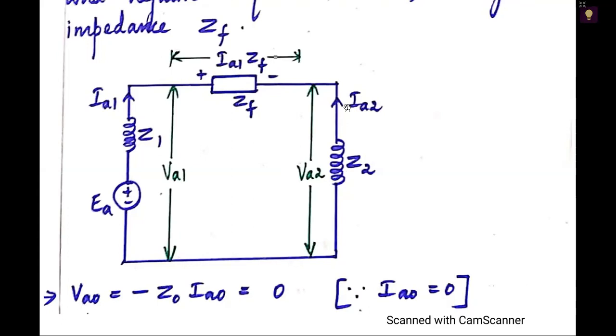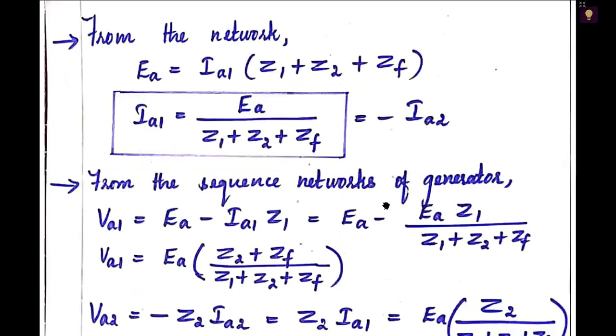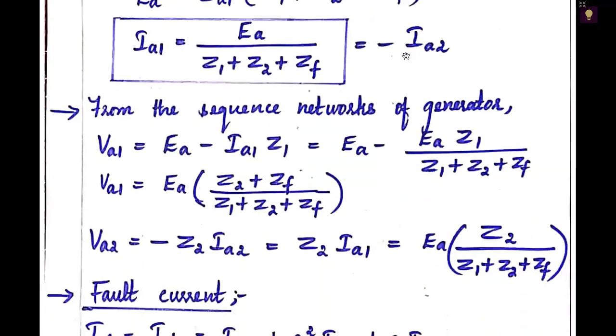Minus IA2 is nothing but IA1. So EA is equal to IA1 Z1 plus IA1 ZF plus IA1 Z2. So we can write EA is equal to IA1 into Z1 plus Z2 plus ZF. From this, IA1 is equal to EA divided by Z1 plus Z2 plus ZF, which is also equal to minus IA2. So now we have the expressions for IA1 and IA2.